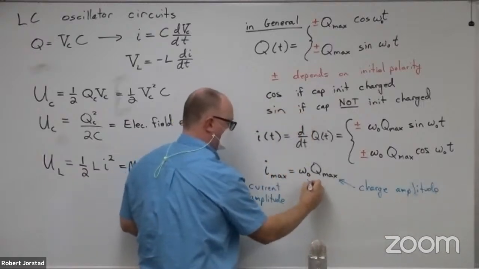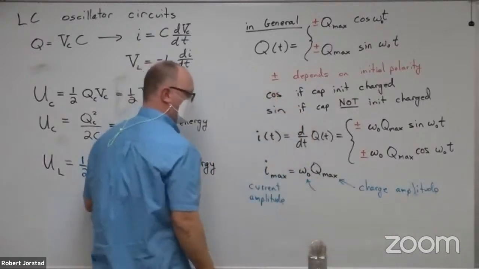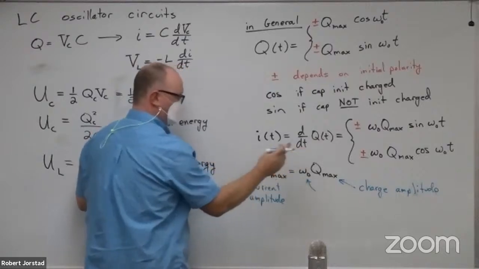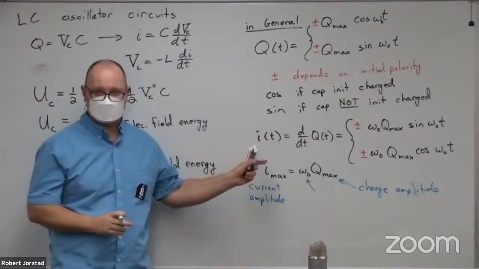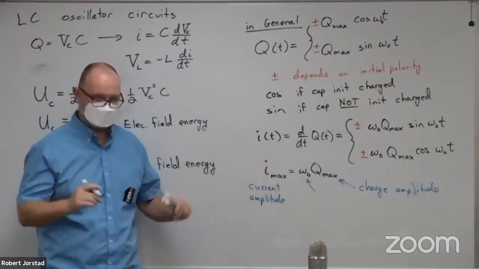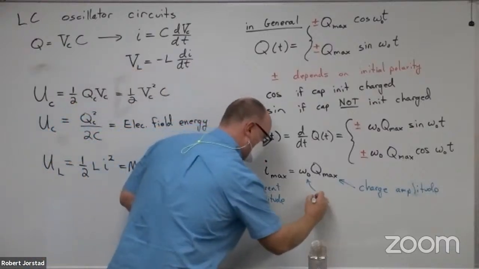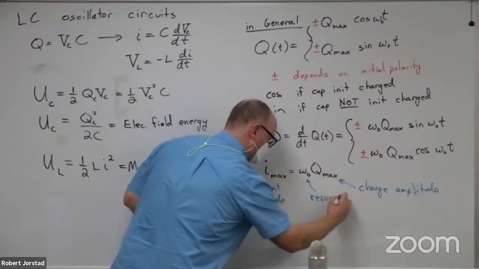And what is the name for this thing again? It's a special angular frequency, isn't it? It's the one angular frequency that this thing tends to oscillate at. It's called its resonance frequency.